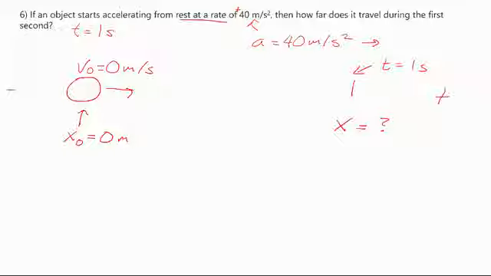So now, what I need is I have x, x naught, a, t, and v naught. Take a second and look in your notes for an equation that has those variables, if there's one that has them all. Take a look-see.